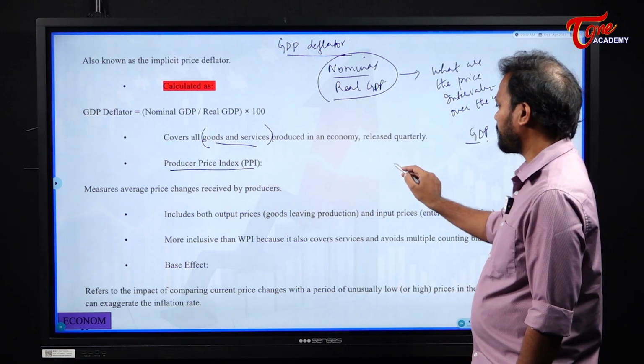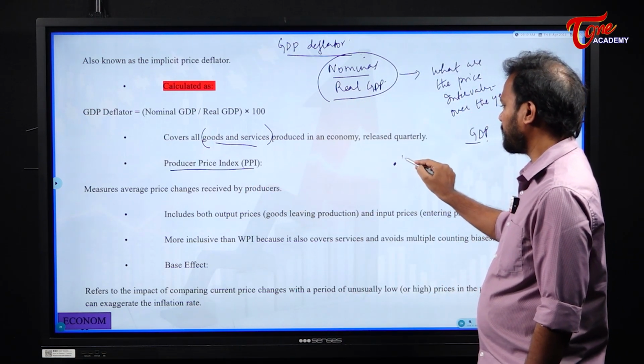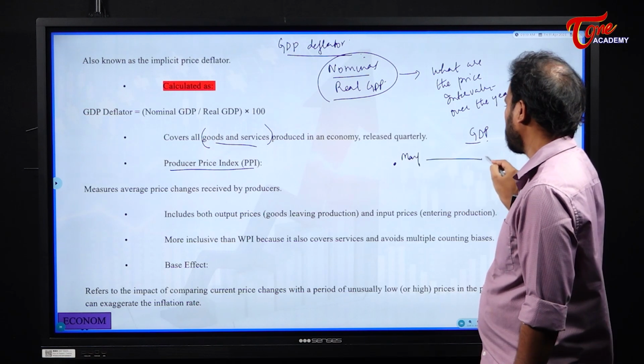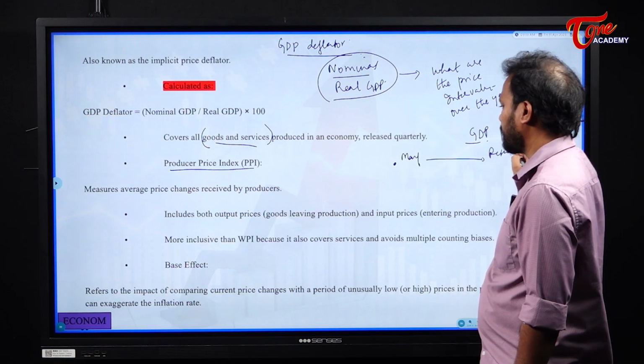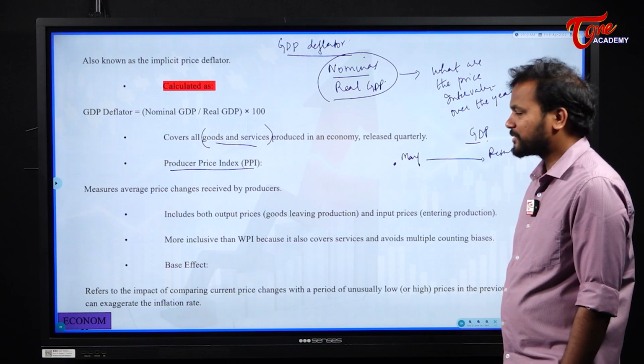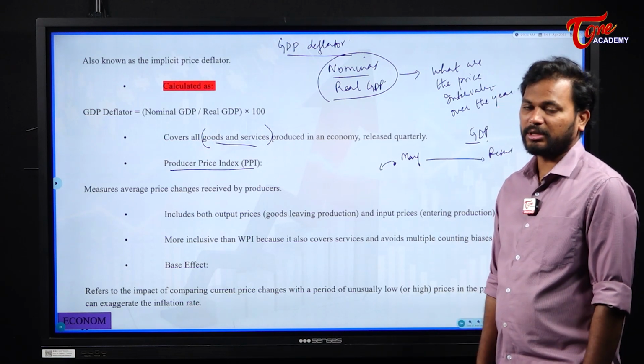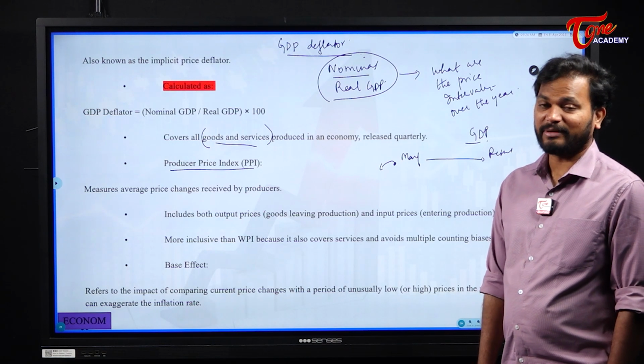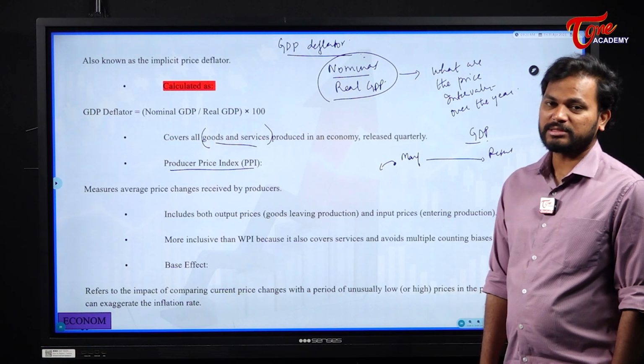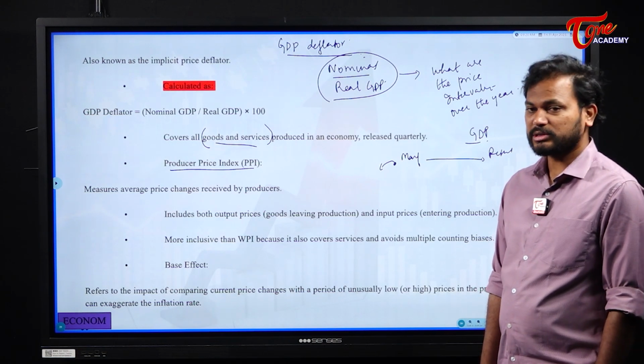Now the wholesale price index calculates from the manufacturing sector to the retail sector, but the producer price index also calculates the things before manufacturing: how the cost of raw materials affects the cost of manufacturing, how the cost of increased wages will affect the cost of manufacturing.